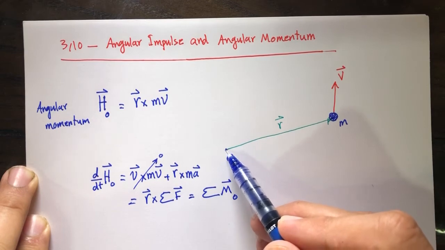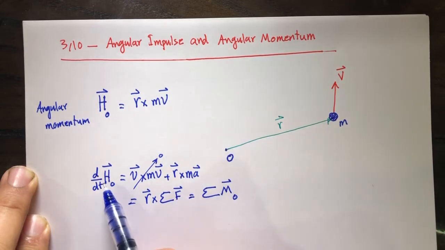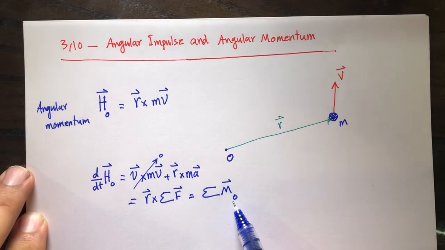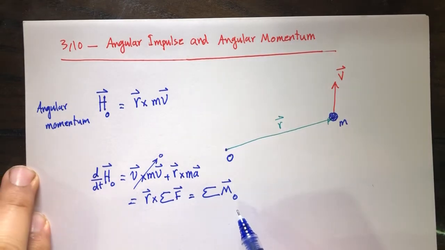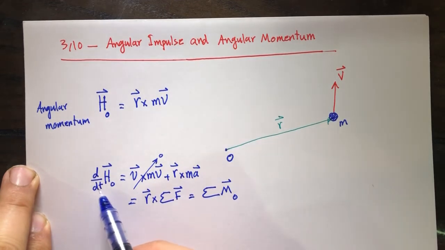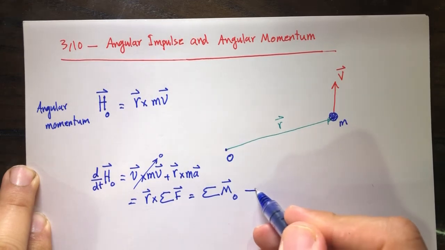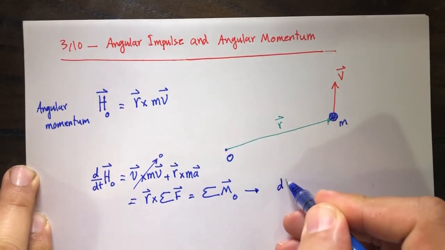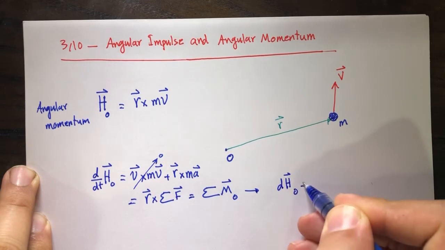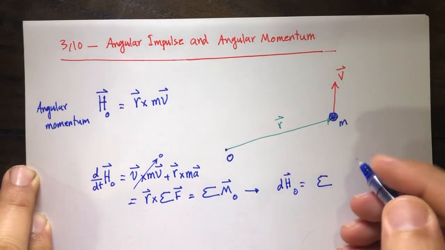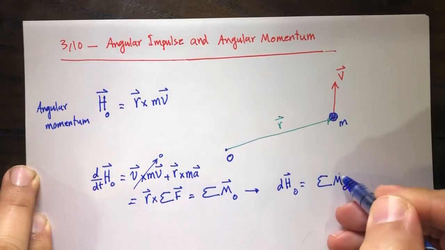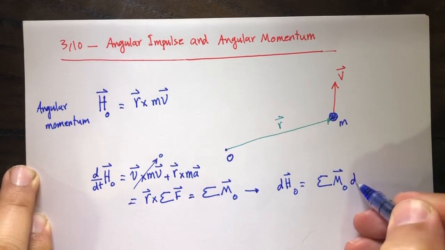We need to take a moment of them about point O. So the derivative of H is going to be sum of the moments about point O. And we can do exactly what we did for linear momentum. I can multiply dt to this side, then integrate both sides. So what I'm going to have is dHO equal to sum of the moments about point O dt.